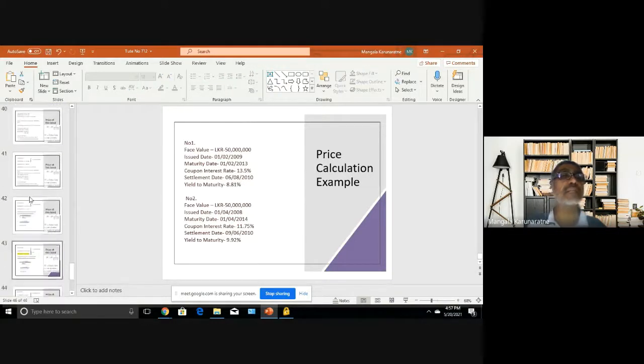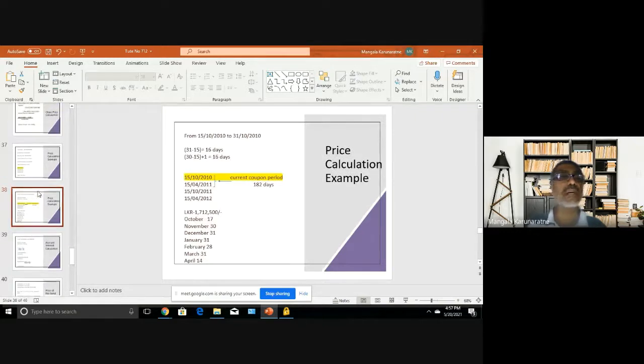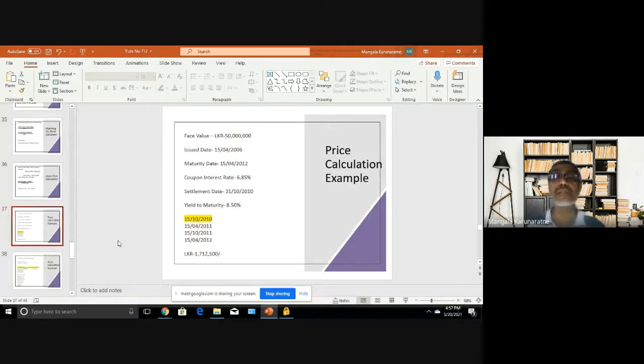The earlier one was the sum. Now in this the coupon is 6.85%, right? Yield to maturity is 8.5.